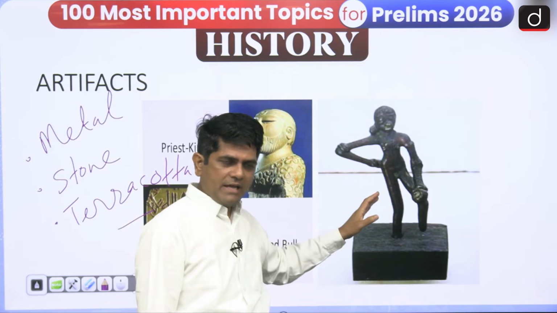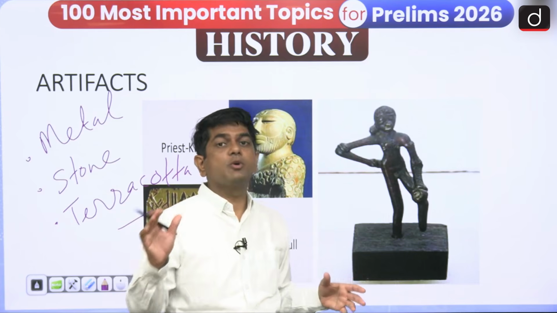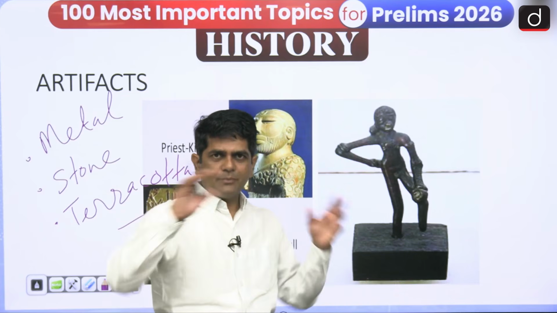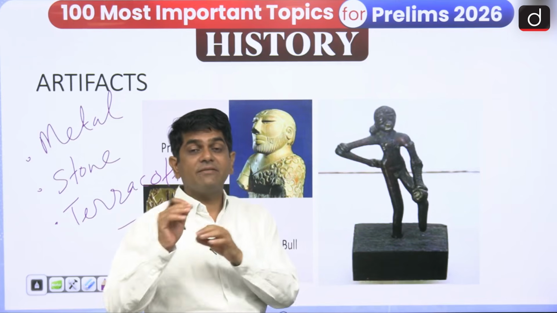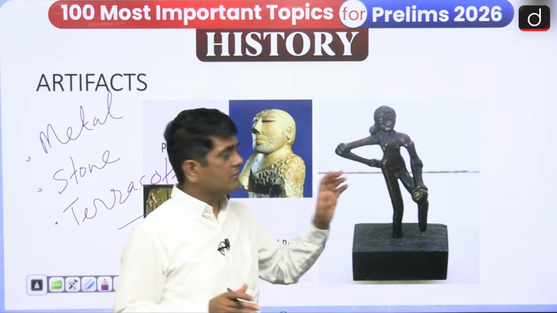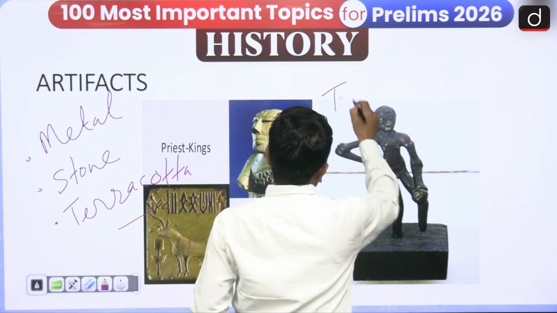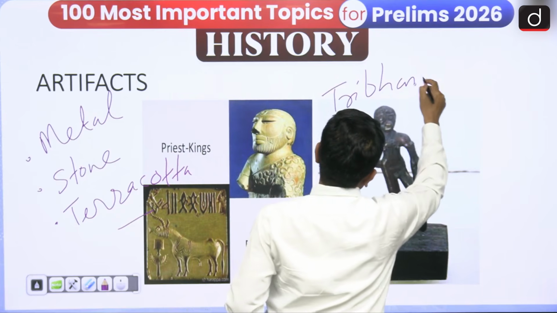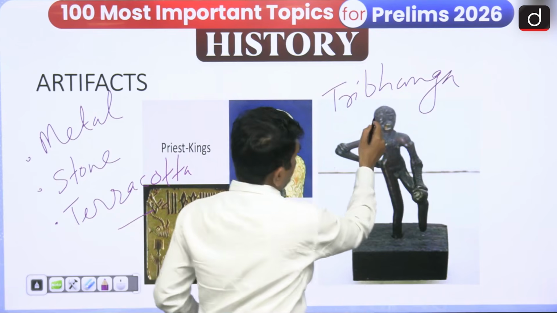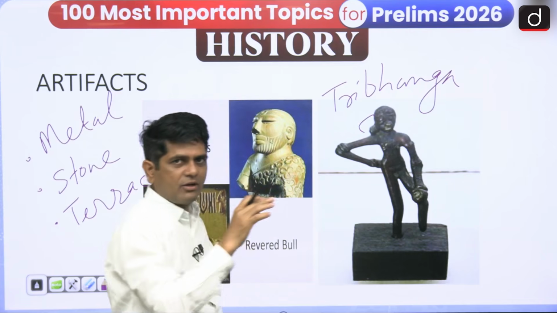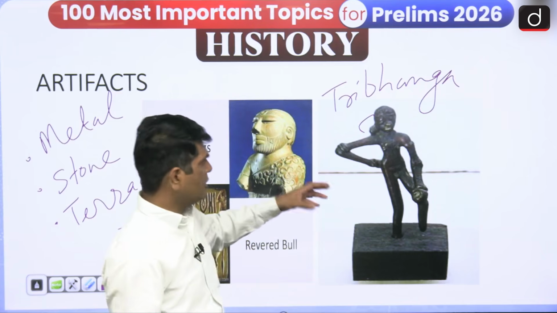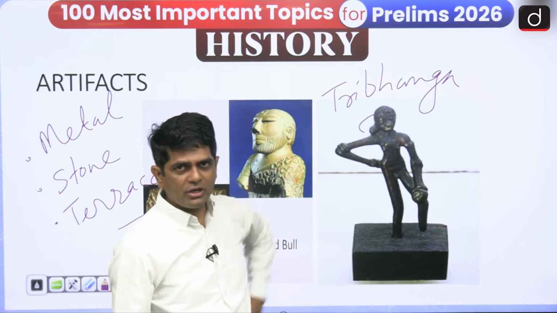This girl is standing in a Tribhang posture. The body has been moved into three different directions. This is called Tribhang posture. The hair of the girl is braided. One of her hands lies on her hip.